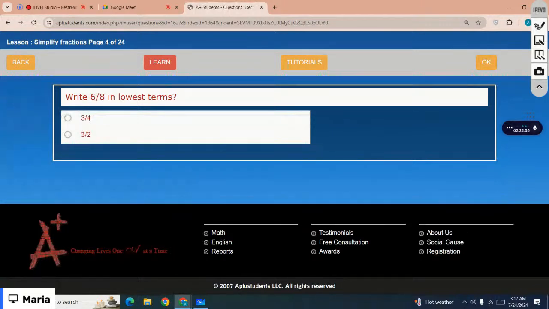Write 6 by 8 in the lowest term. So which is the correct option?